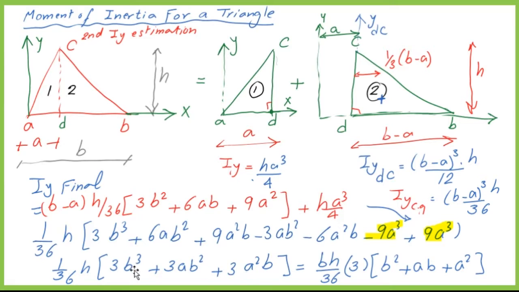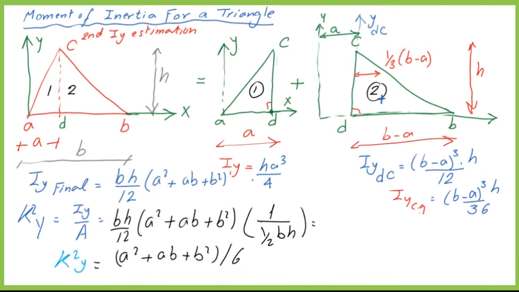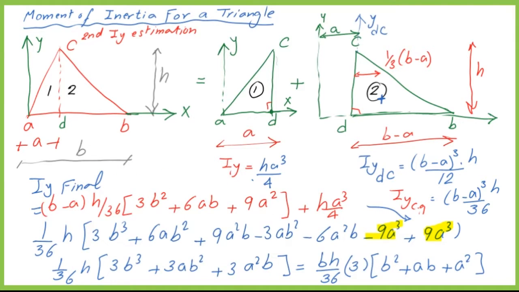We have a common b, we'll get it out, so we have bh over 36, and also we have a 3 we'll get out, and we are left with an inner bracket, which will be b squared plus ab plus a squared. We continue in the next slide. Then we can find that the final I value will be bh over 12, because we have here 3 divided by 36.